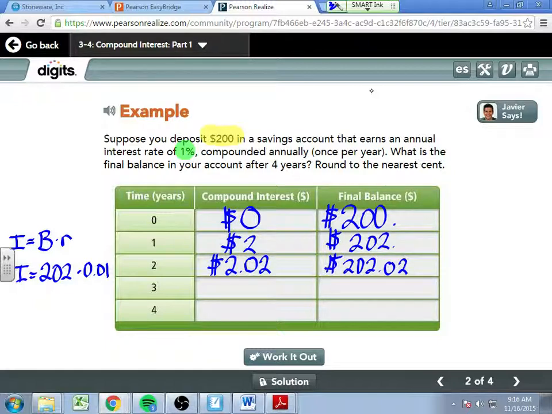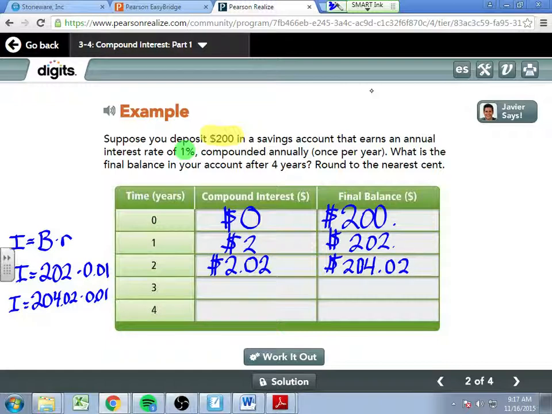So now for year 3, my interest will be... well, sorry, I actually wrote this down wrong. This should be $204.02. So now this is computed off the 204.02. So if we move my decimal over, and again, we have to round it now.